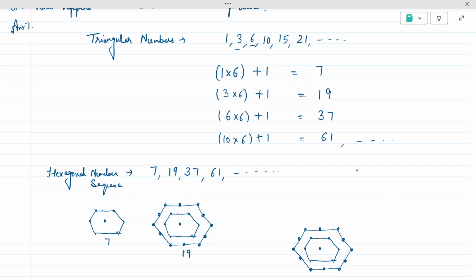How many dots? We have to draw one bigger hexagon around this, a little bigger than this.